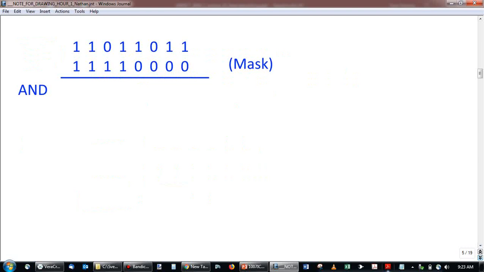So let's have a look at a smaller example. Instead of having everything on, I've only got this part on. Does that make sense? Only these 4 are on and these 4 are off. So I'll do the AND. 1 and 0 is 0, 0, 0, 0, 1, 0, 1, 1.